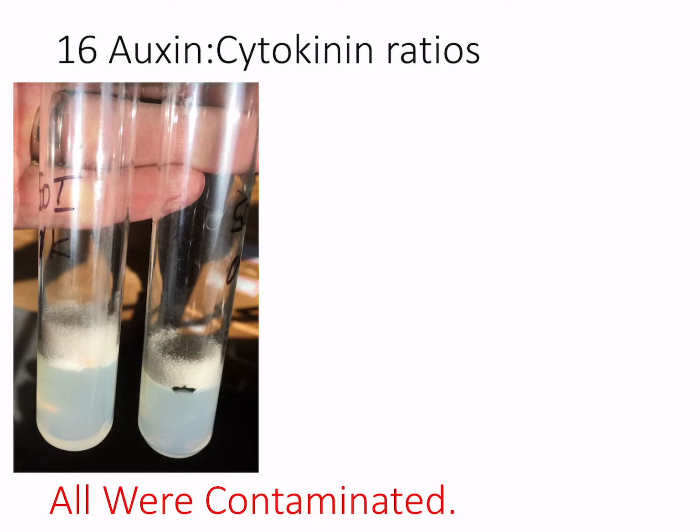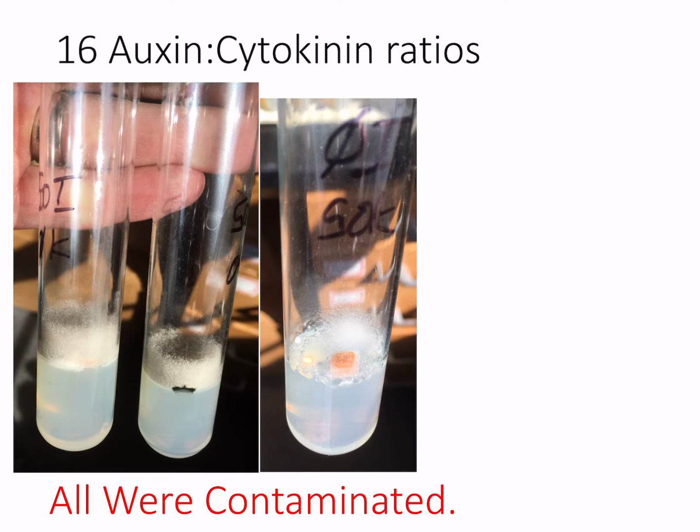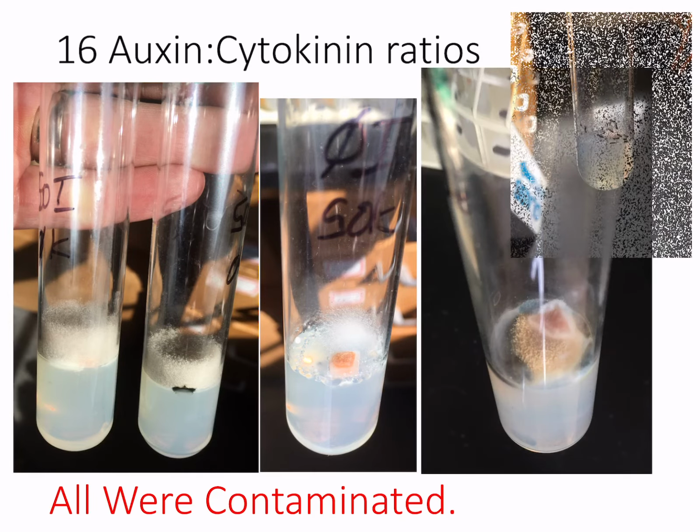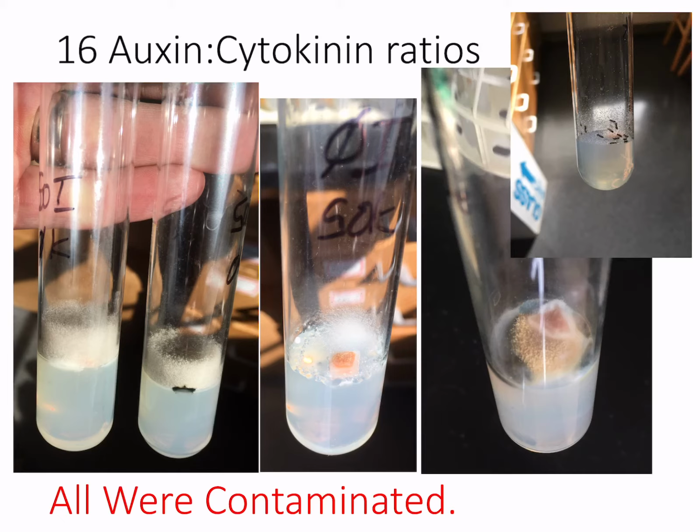What we see at day 14, week 2, is that all were contaminated. We have mold growing in a lot of them, and in others we have more mold, and in others even more mold. And our ants were back. But all of the tubes were contaminated, so that experiment is just gone.